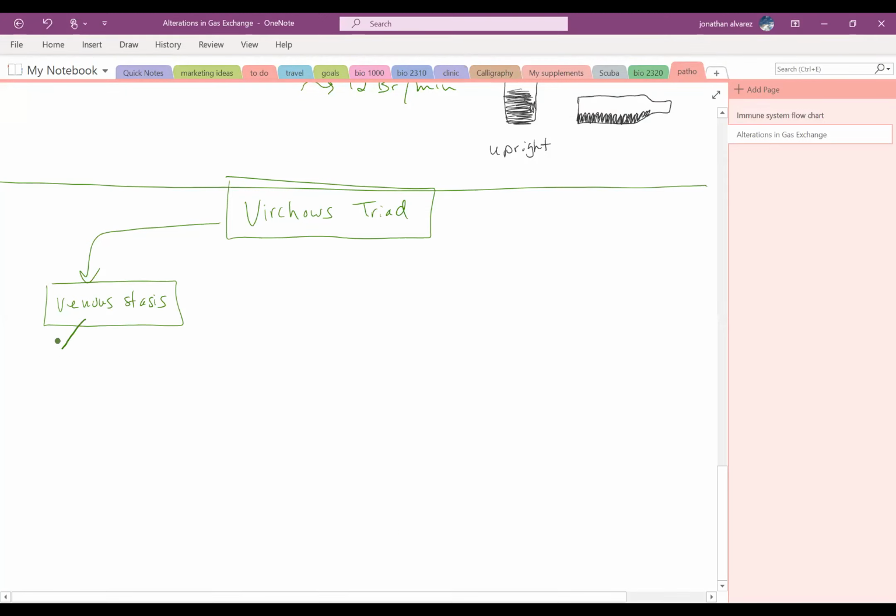And this can be because of dehydration. Decreased blood circulation.